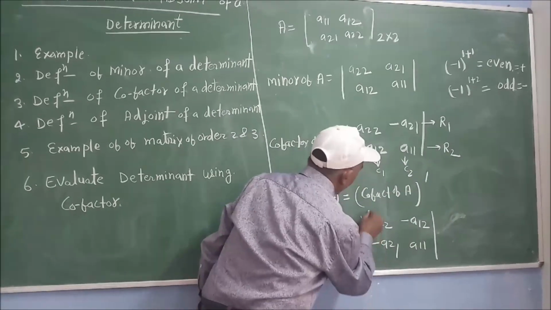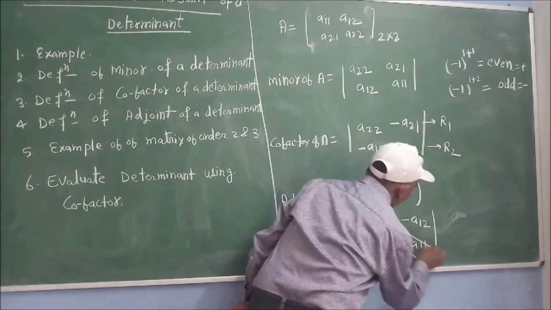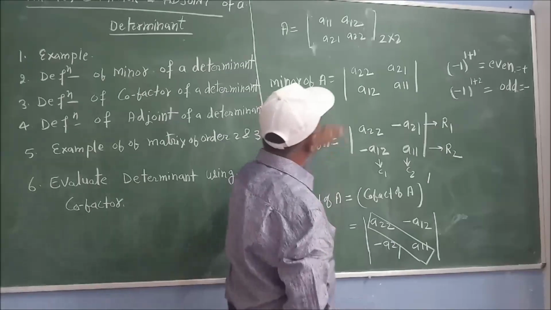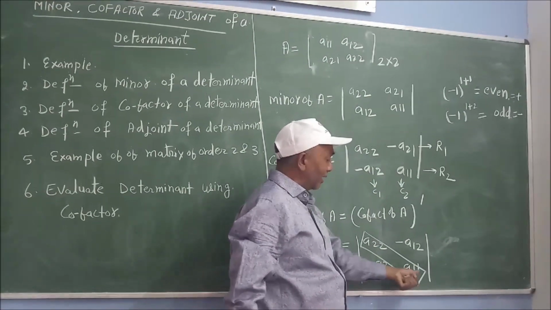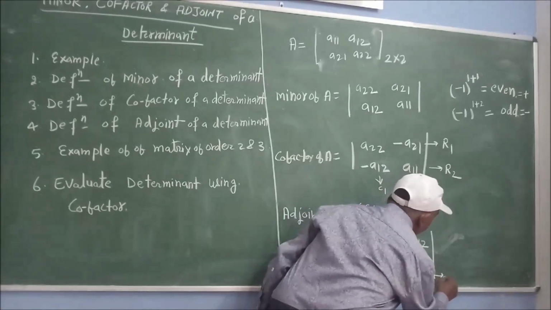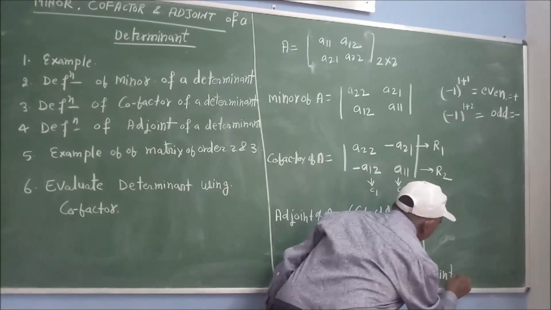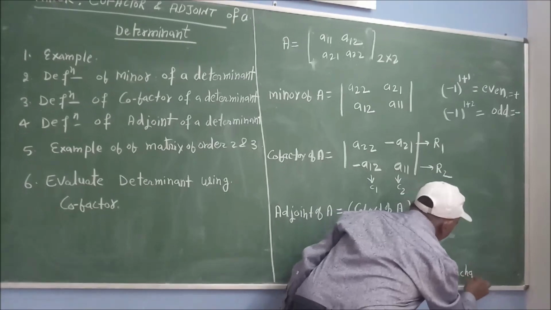So comparing this with the original matrix, what will we find? Originally A11, A12; here it will be A22 and A11. So what we are seeing is that the elements are interchanged.